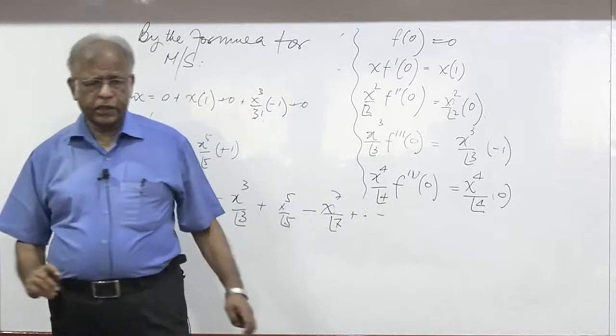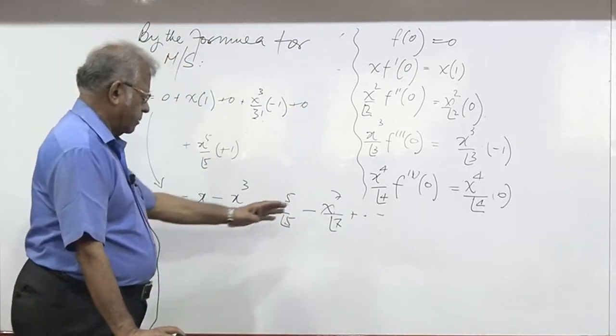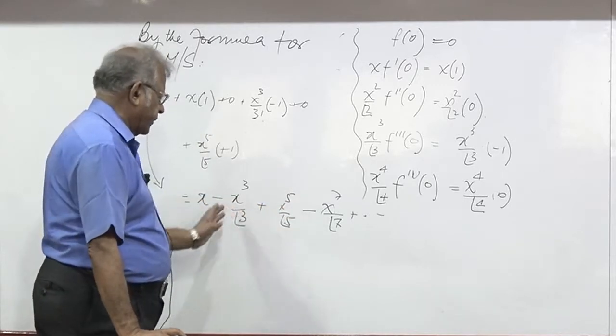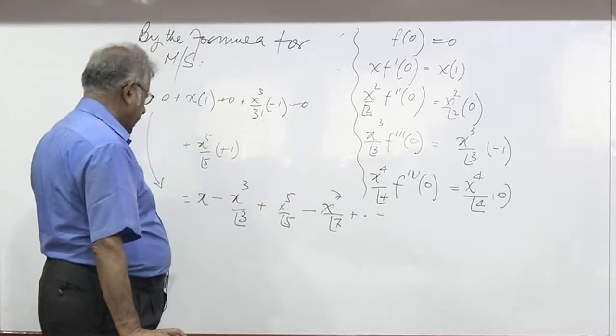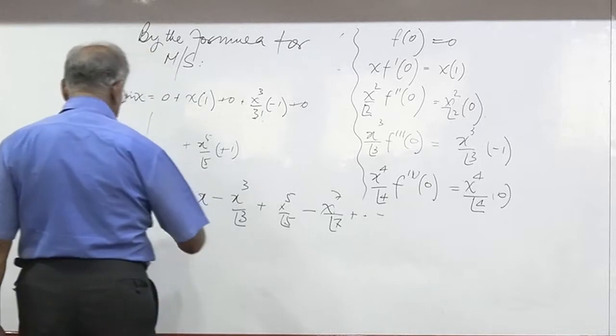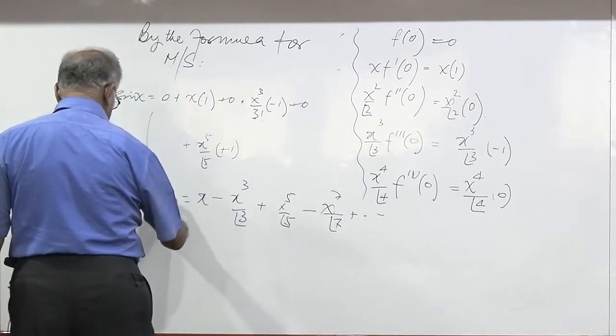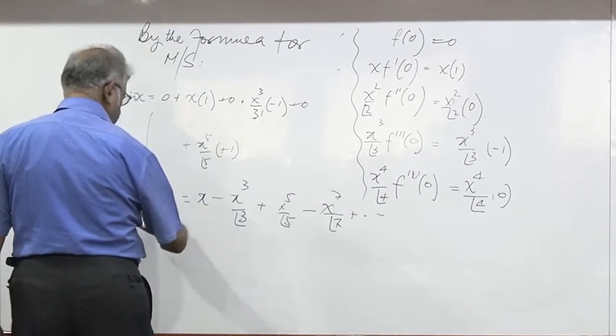The readers can check all these values of derivatives after the third and fifth and so on, and they will of course come to this expansion, that sin x is equal to this much.